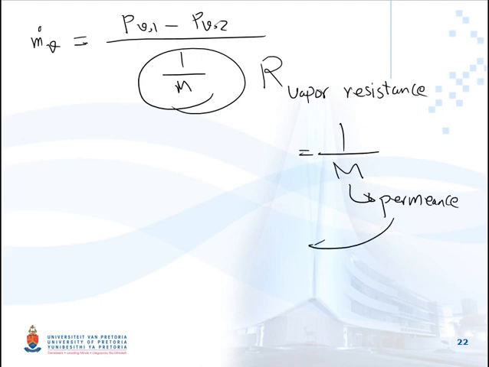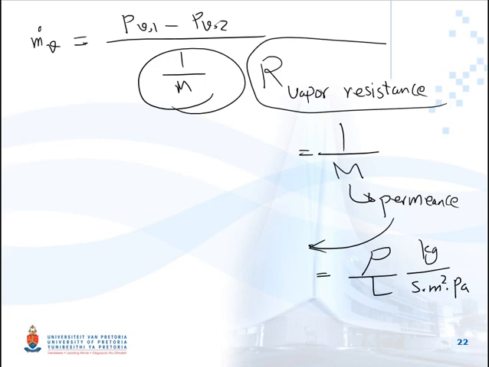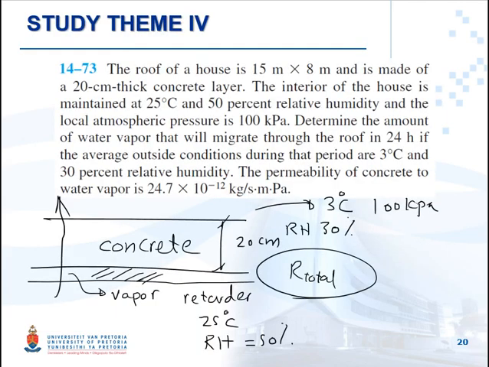And permanence itself is permeability divided by L, and the unit of permanence is gram per second square meter Pascal. Okay, so now we have found the vapor resistance. So when we go here, now we have the resistance of the material, we know it, and we can solve the problem.